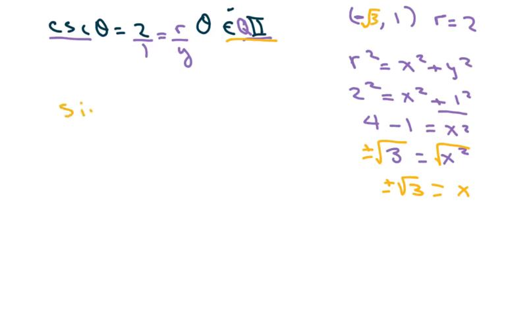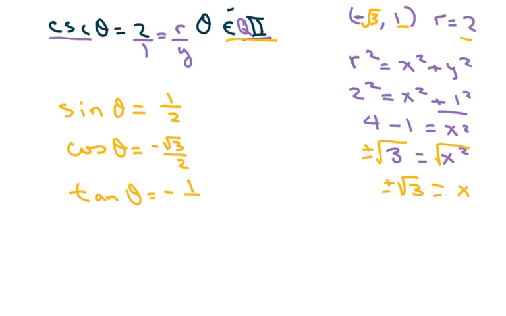We have sine of theta, which is 1/2, your y over your r. Cosine of theta is negative square root of 3 over 2. Tan of theta is negative 1 over square root of 3, which is just your y over x, and we know that equals negative square root of 3 over 3.